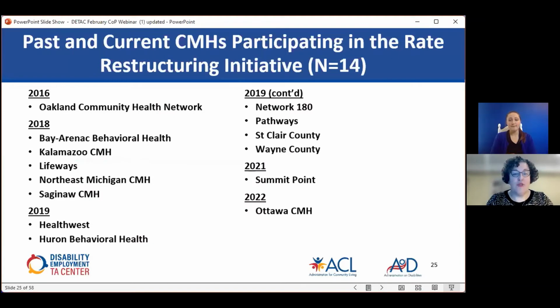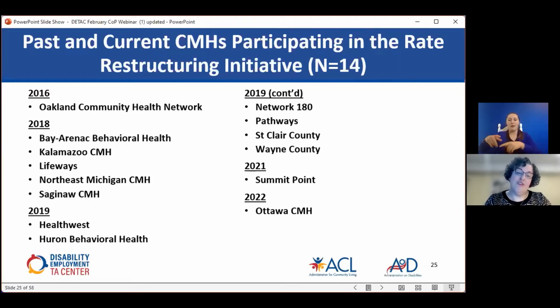So between 2016 and 2019, 12 CMHs were engaged in these efforts. 6 of the 12 implemented an outcome-based model reimbursing for hours worked. 3 of the 12 implemented incentive payments or milestone payments to move towards more competitive integrated employment, but did not move to implement payment for hours worked. 2 began implementation but didn't implement due to COVID.